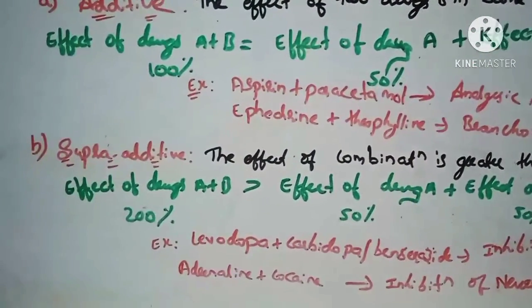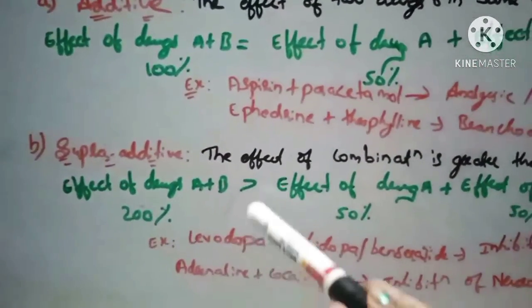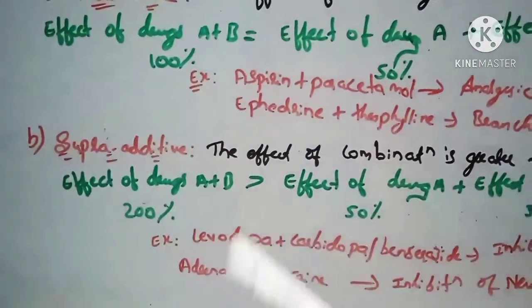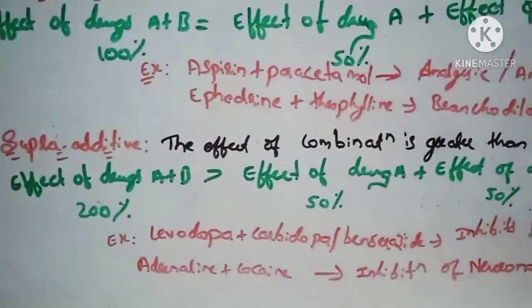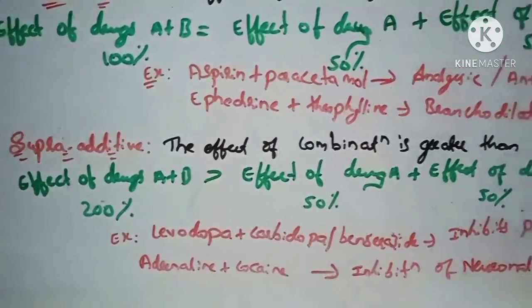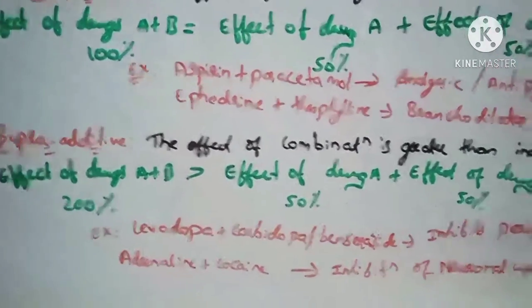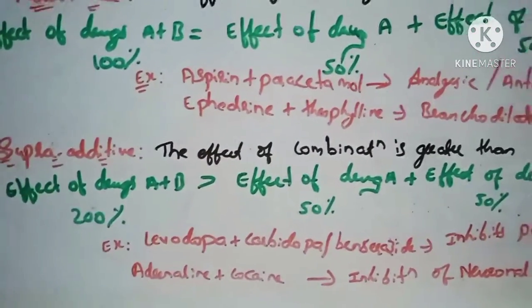Here the effect of drugs is A plus B. For example, drug A is levodopa and drug B is carbidopa. Levodopa and carbidopa are used as dopamine inhibitors.